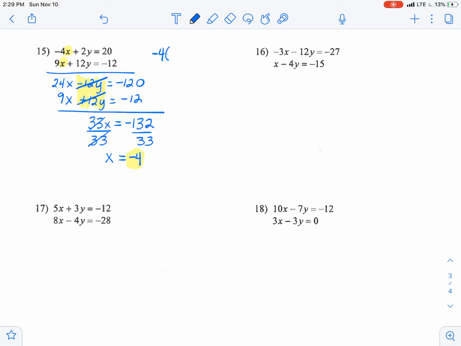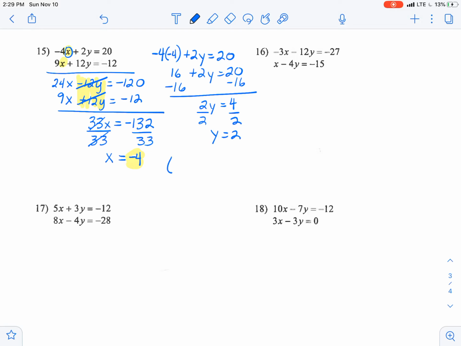So a -4 times my -4 that I put right there, plus 2 times y equals 20. -4 times -4 is 16. I'm going to move my 16 over. So 2y equals 4. Divide by my 2, and y is 2. So my x is a -4, and my y is 2.